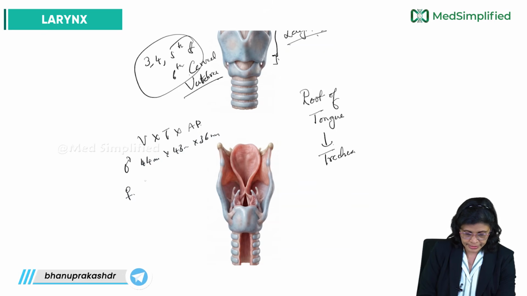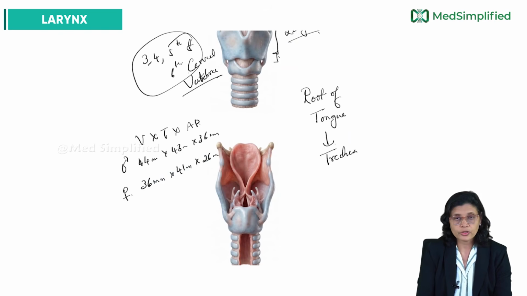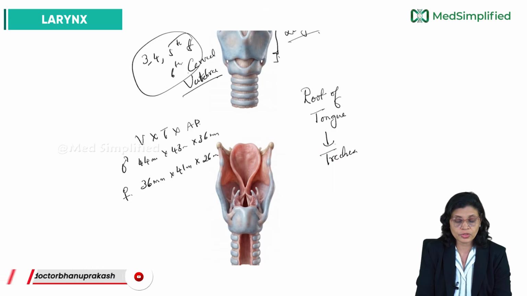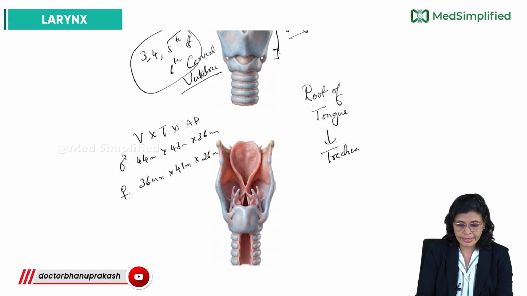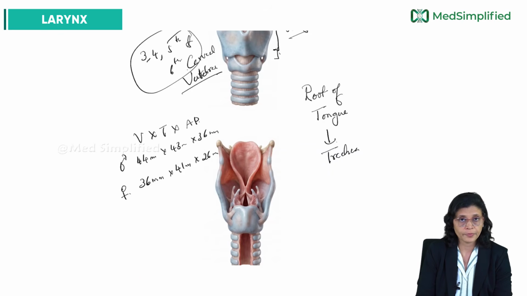Whereas in females, it measures about 36 millimeters into 41 millimeters into 26 millimeters. Till puberty, the larynx of both male and females is almost the same. But at puberty, in males the larynx grows more rapidly and becomes larger than the female larynx.